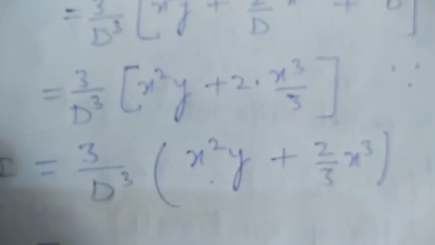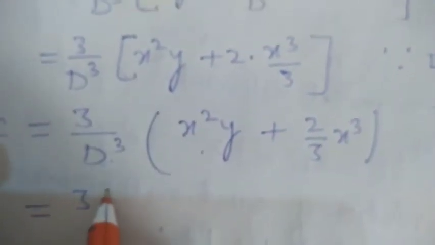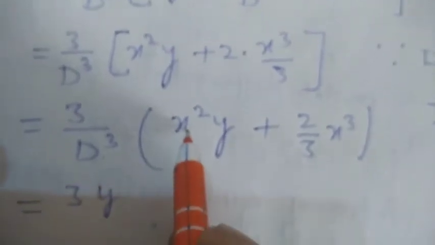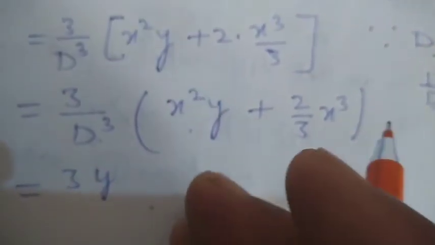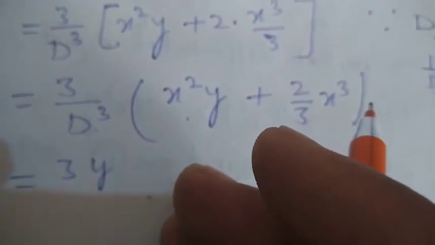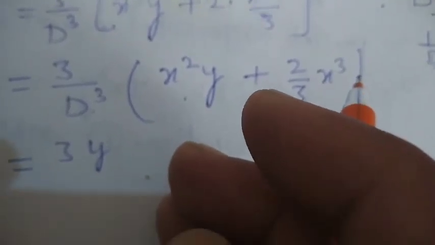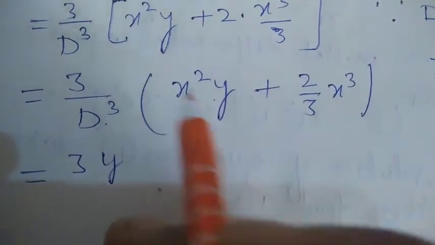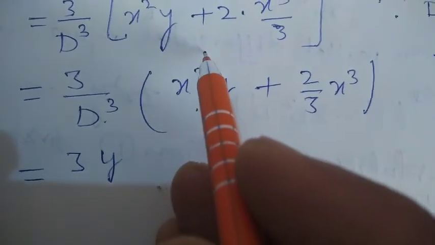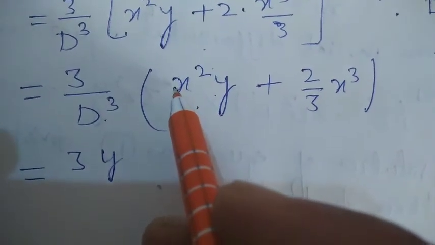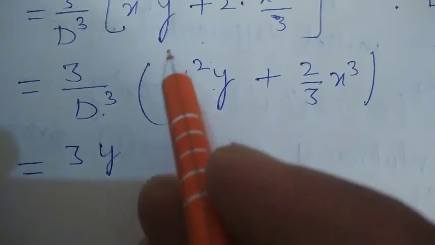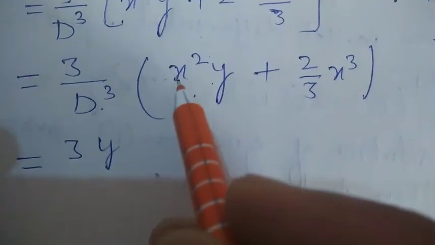So here taking 3 common, and y with respect to x is treated as a constant, so y, and the integration of x square, first time integration of x square is x cube by 3, second time is x to the power 4 by 12, and third time is x to the power 5 by 60.